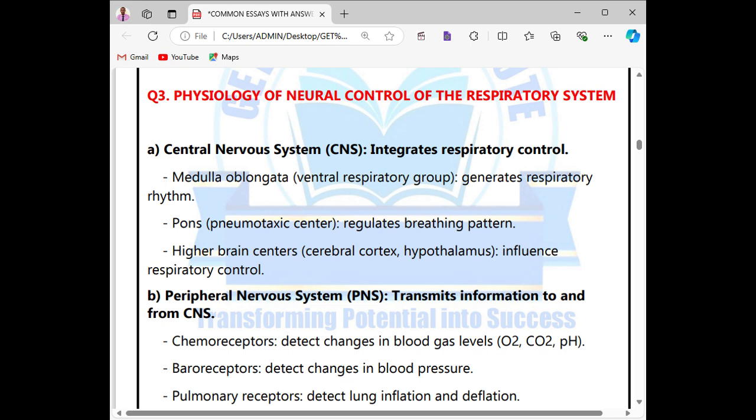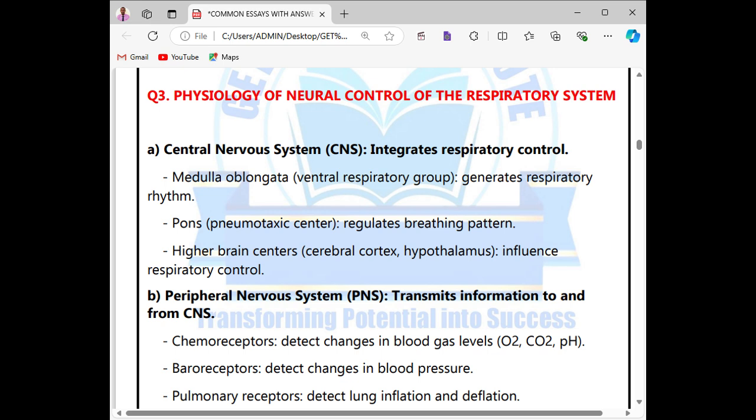To integrate is just that this one interprets everything and gives feedback on how the respiratory system should respond, of course with other aspects working together. Under the central nervous system, we have the medulla oblongata.